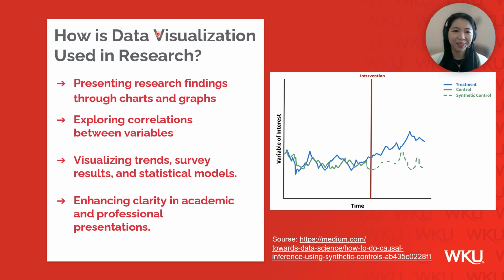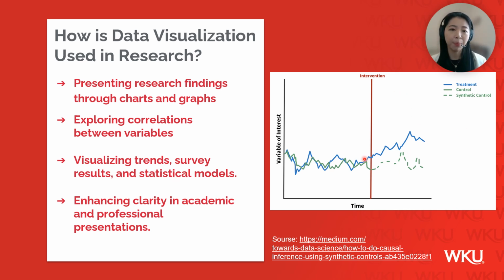When making research presentations, data visualization is extremely helpful, and charts and graphs make our findings clear and easy to follow. They also help us quickly understand the relationship between different variables and clearly show trends from surveys or statistical models.